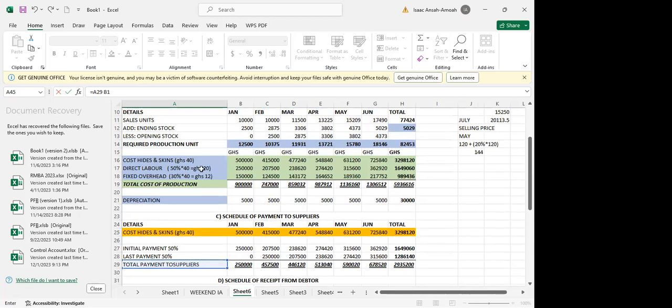That 20 cedis comes from an instruction in the question that says the labor cost is 50% of the cost of hides and skins. So we multiplied 50% by the cost of hides and skins, then multiplied 20 by the required production unit. That automatically becomes your wage.